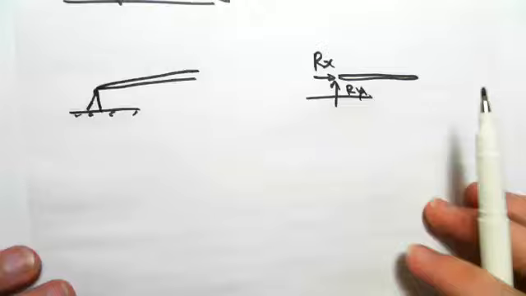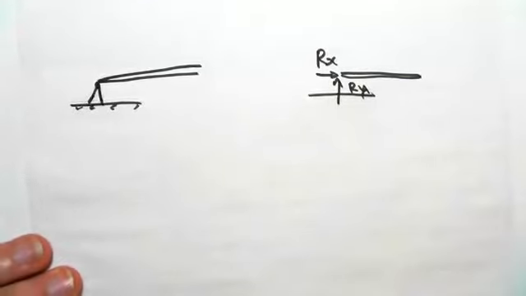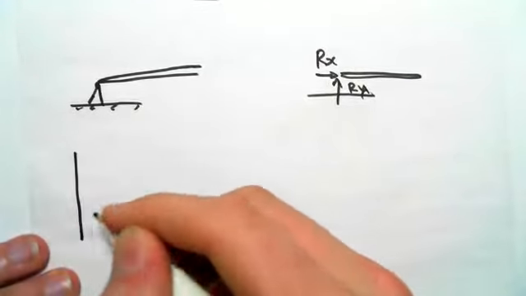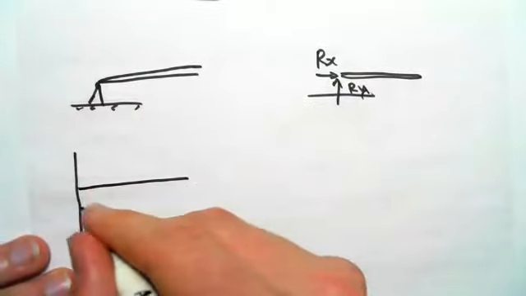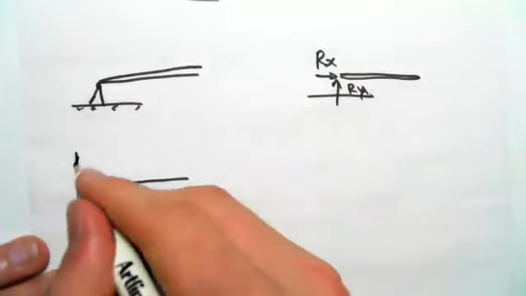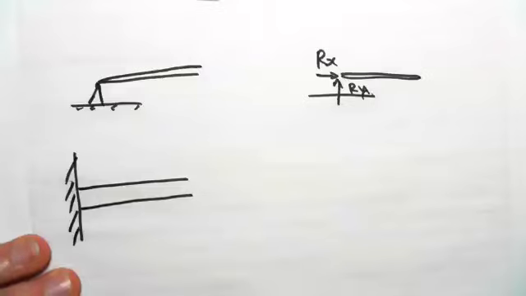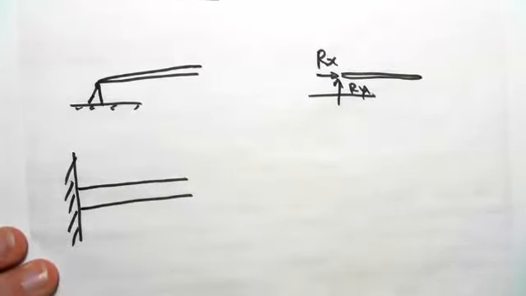So the last one that is very common as well is a cantilever beam. Essentially a beam just fixed to the wall like this. So these ones can support forces in the x and y direction, but can also support moment. So they can have a reaction moment that opposes any moment that occurs on this beam.